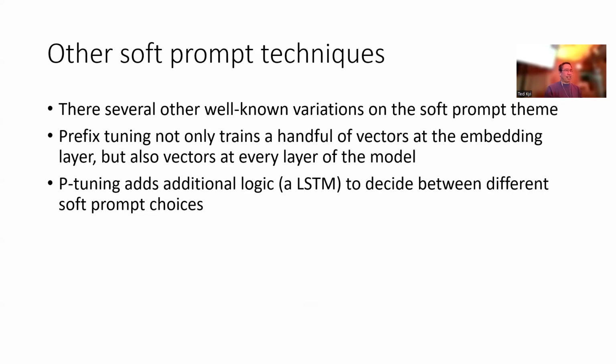So instead of being hard-coded, like Ford Motors, insert this, the LSTM could take a look at your question and decide, oh, this is a question answering thing, so I'm going to insert this. Or if this is more of a reasoning thing, then maybe I use a different prompt. And I'm sure there are even more variants that I'm not familiar with.